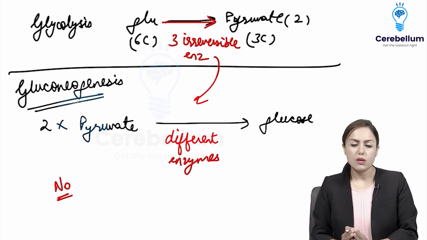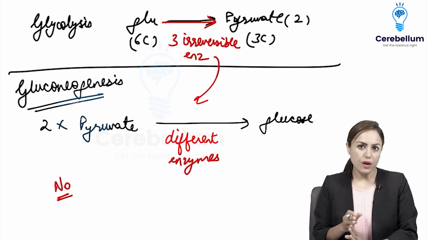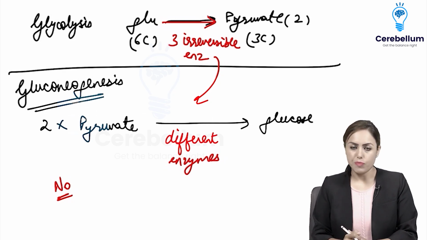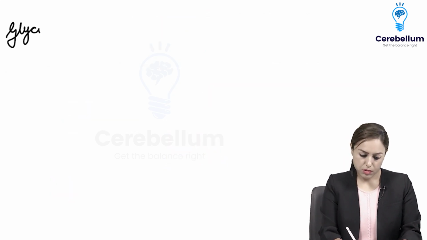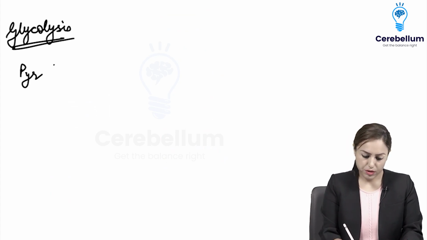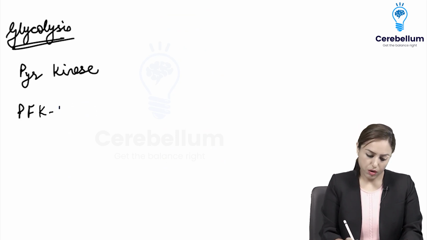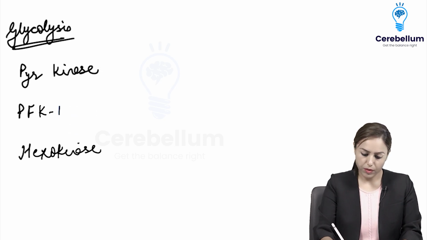So 3 are different, but the other 7 will be the same. There are a total of 10 in glycolysis. So let's see on the next slide which are these 3 enzymes. In glycolysis, the irreversible enzymes are pyruvate kinase, PFK1 and hexokinase.